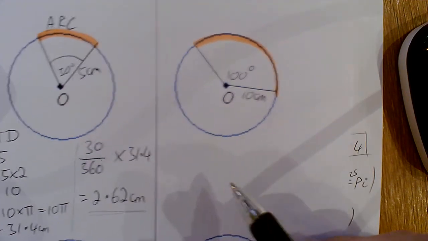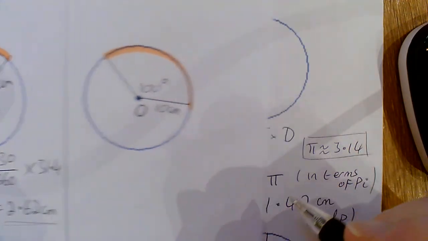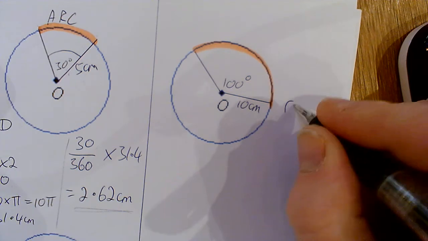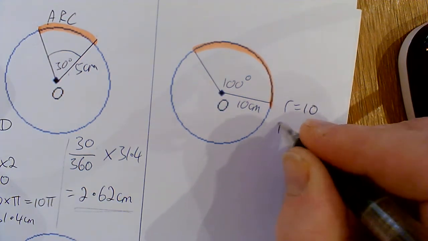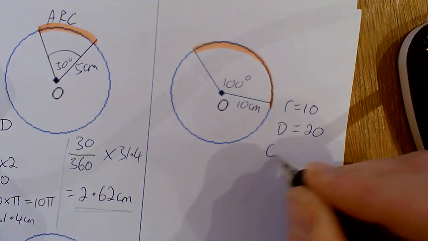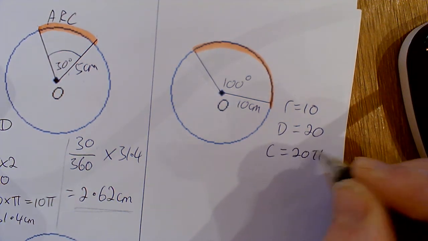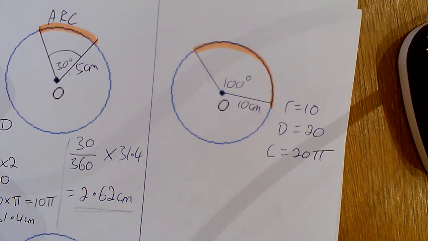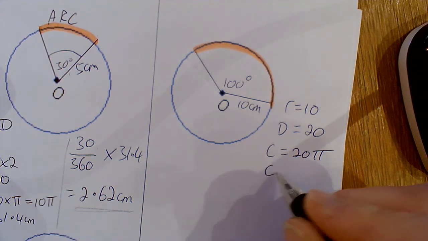Okay, so first of all, on this question, I know that the radius is 10, which means the diameter is 20, 10 times 2, which means the circumference is 20 pi. So 20 times pi is 62.8.